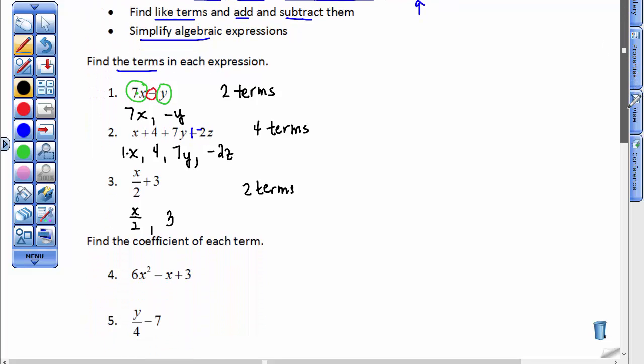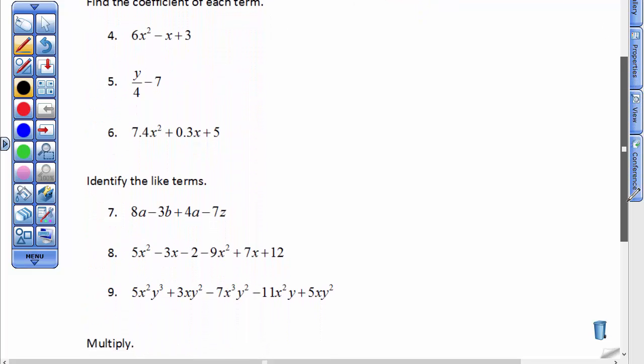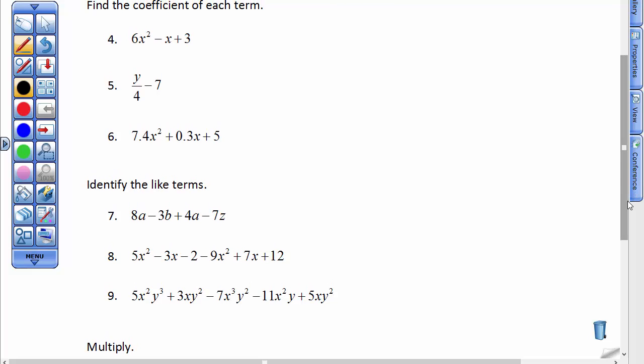Next, let's find the coefficients of each term. And the coefficient of a term is just the numerical value in front. So I'm going to highlight. So for example, the coefficient of this 6x squared is the number 6. Remember, this minus sign right here, it's the same thing as plus a negative, and it happens to be a -1.